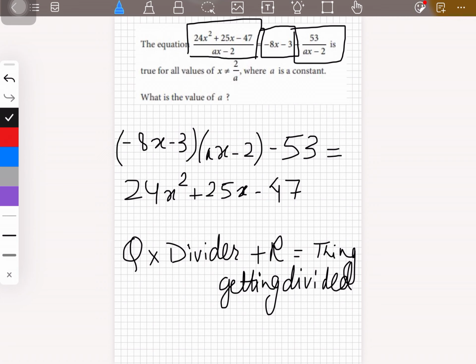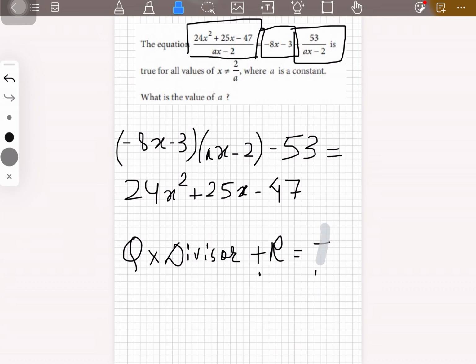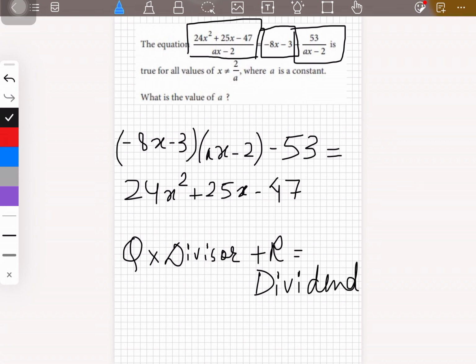I hope you've already understood what I meant to say, but if you want to really use the correct terms, then I think it would be divisor, and the thing getting divided is known as dividend. Yeah, so we've understood this, and now what we do is we simply multiply this and get the left hand side ready.